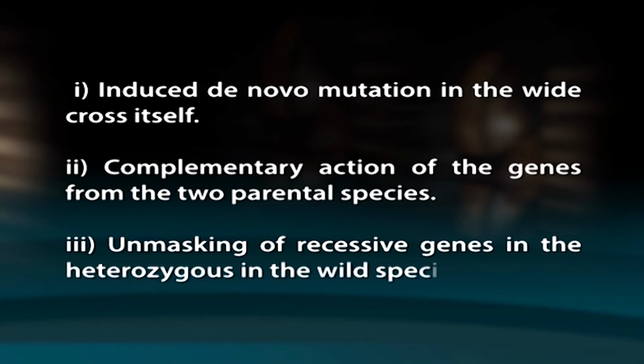Unmasking of recessive genes that are heterozygous in the wild species. Transgressive variation might be a key to the improvement of cultivated plants having extreme phenotypes. It is the generation of F2 or hybrid progeny with phenotypes that fall outside the phenotypic characteristics of parental populations from which they are derived.